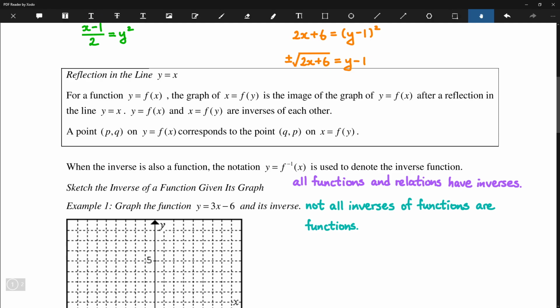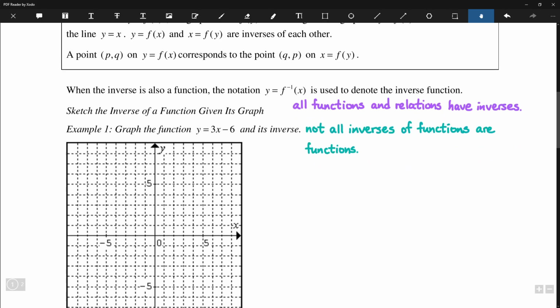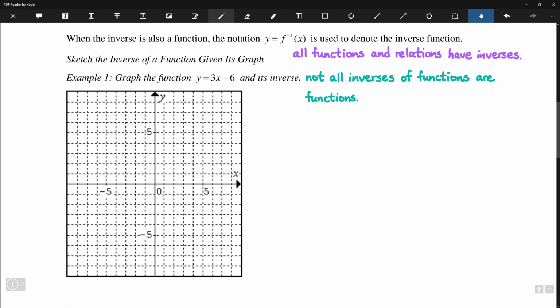Alrighty. So it says here to graph the function y equals 3x minus 6 and then its inverse. So let's graph the original function. Let's see, 3x minus 6. So that would have a y-intercept of negative 6 and a slope of 3. So something that looks like this. All right.